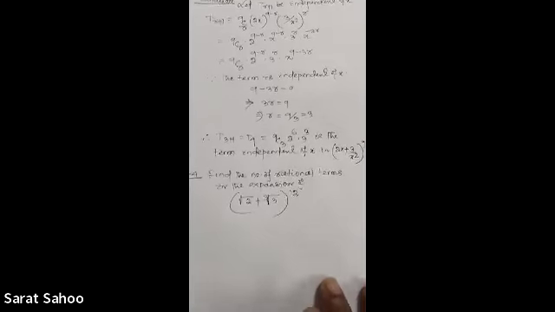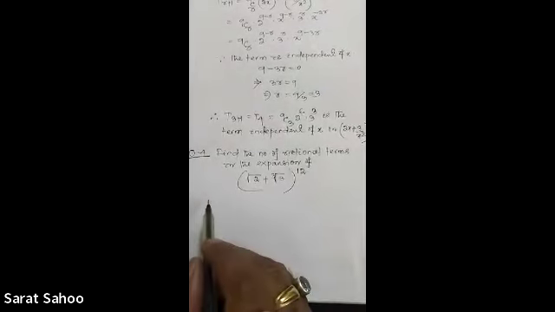How to find the number of rational terms? Let Tr plus 1 be a rational term.